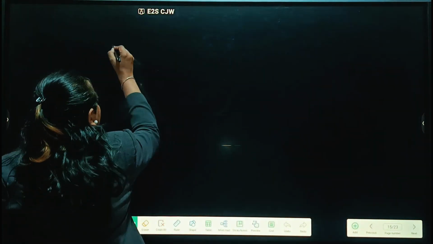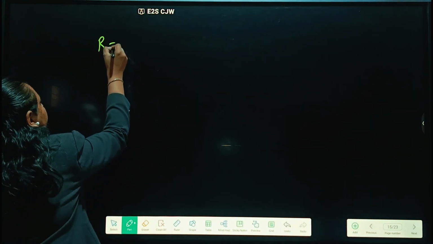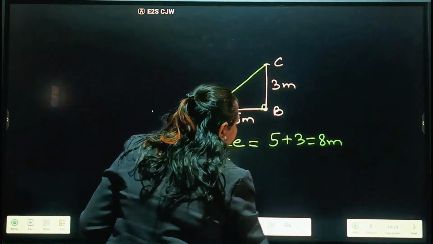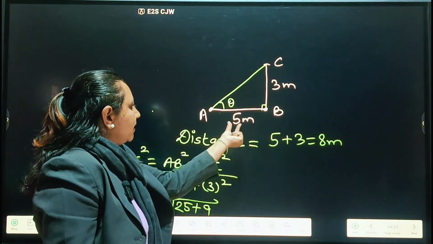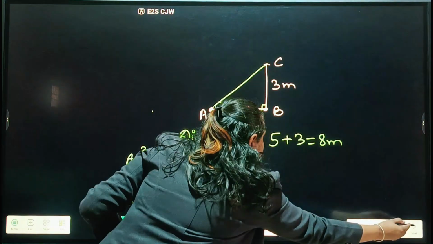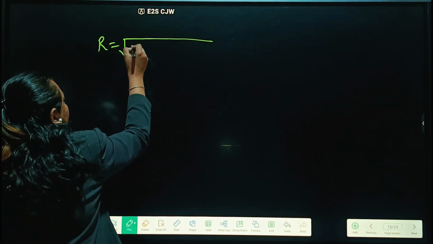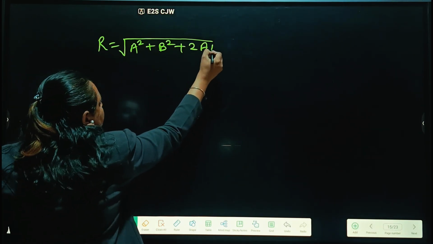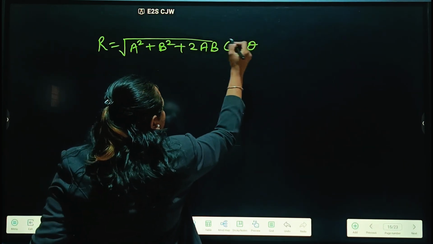ठीक है, the triangular law, with one displacement, second displacement: R equals root of A square plus B square plus 2AB cos theta.